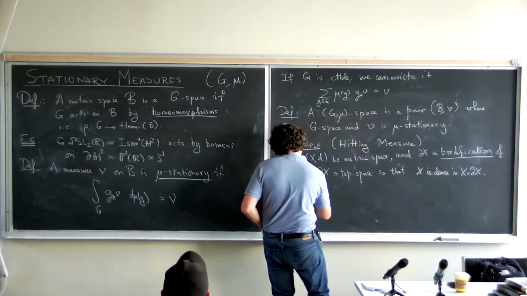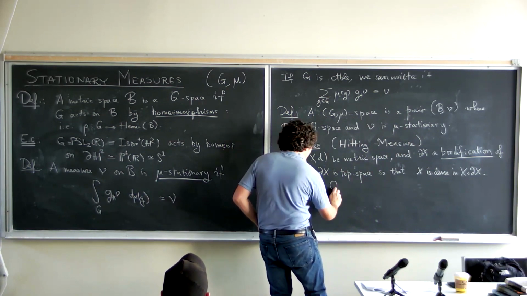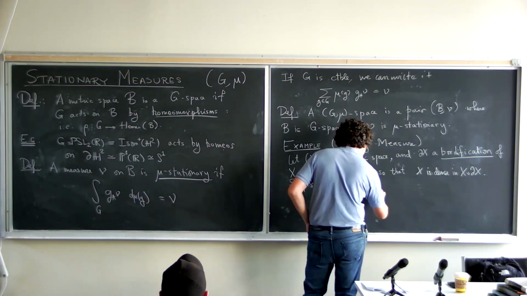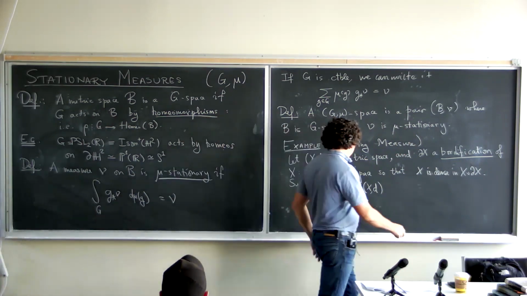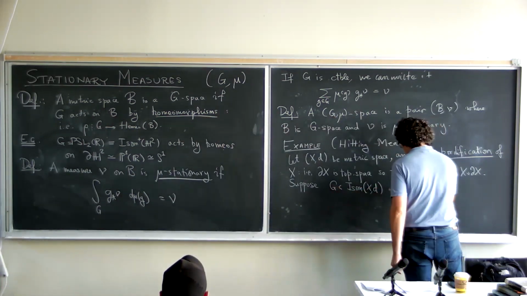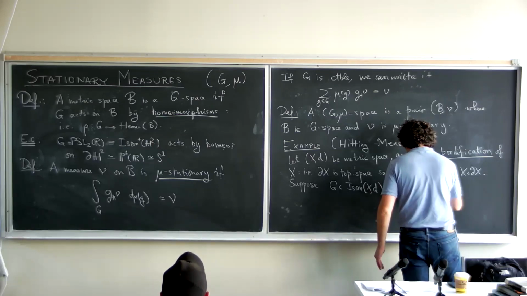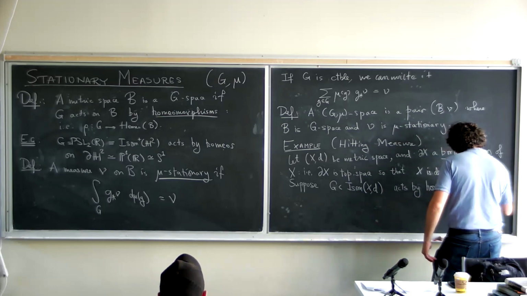And suppose G is a subgroup of the isometry group of X. So this acts by isometries on X. And suppose that the action extends to an action by homeomorphisms on the boundary.